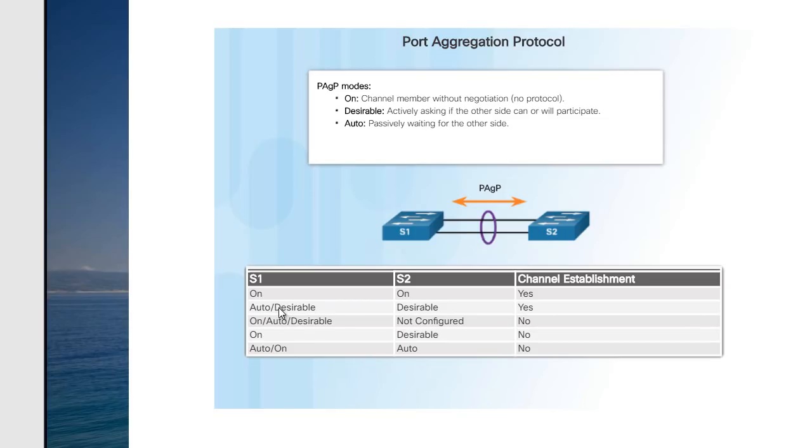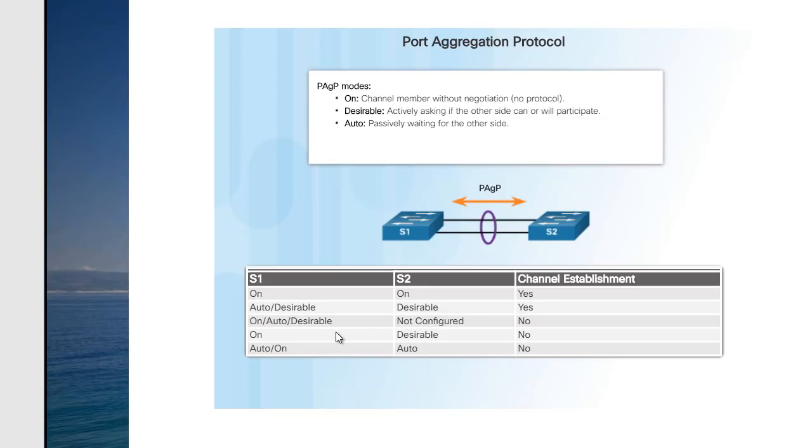If you're on desirable on one end and auto on the other, or desirable and desirable, those are both negotiating states, so you're going to get EtherChannel establishment, because auto's waiting to be told to form an EtherChannel, kind of like auto and dynamic in terms of trunking, if you remember. So auto's waiting to be told to become a channel, just like auto's waiting to be told to become a trunk. It's the same type of concept there.